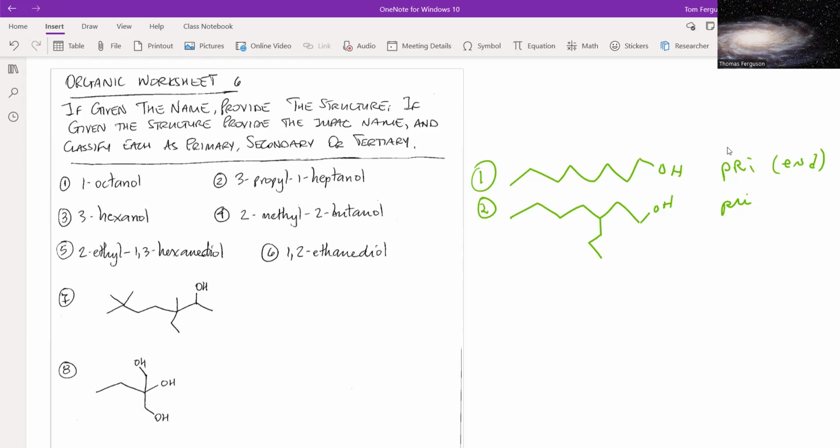The backbone has got to include the group, the hydroxyl group. If you count 8, it doesn't include it.